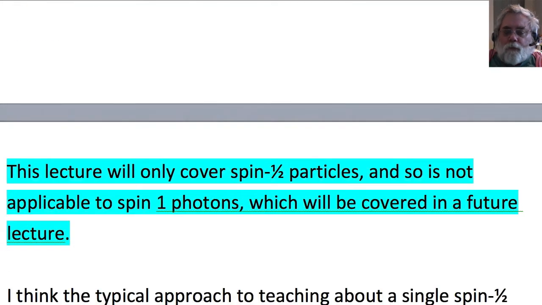This lecture will only cover spin 1/2 particles. It's not applicable to spin 1 photons. We said earlier that spin 1 photon polarization is a two-state system, but it is not a spin 1/2 system. We'll cover photons in a future lecture.